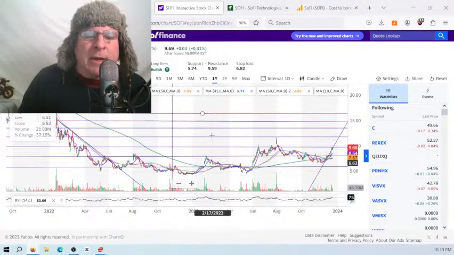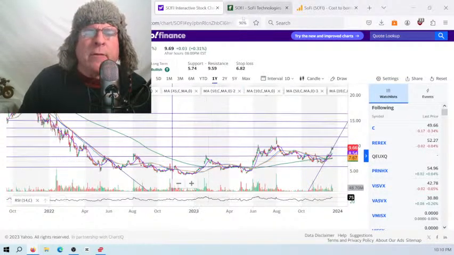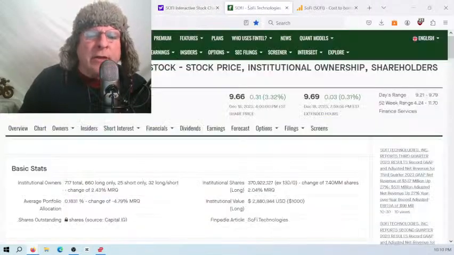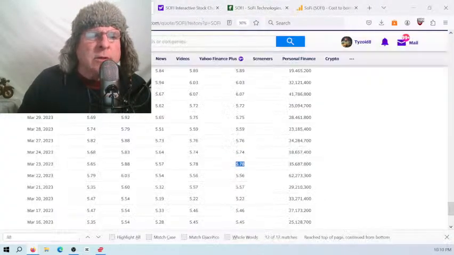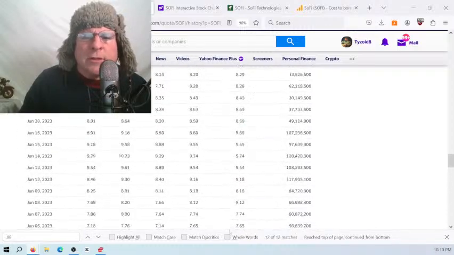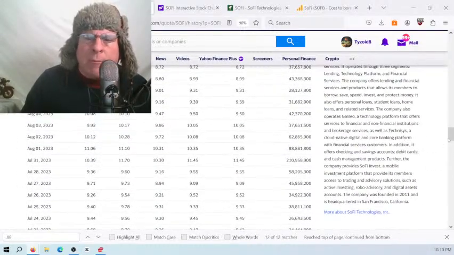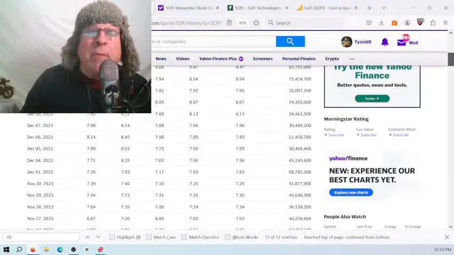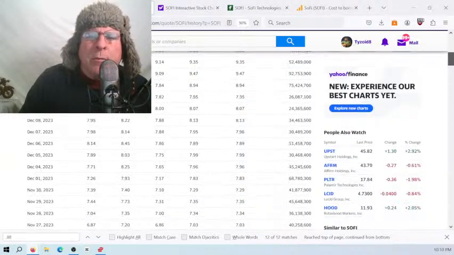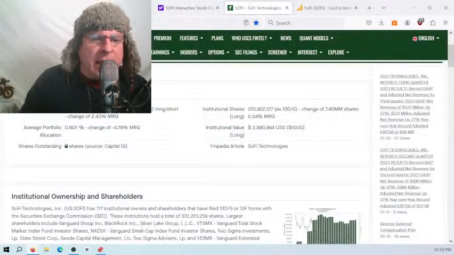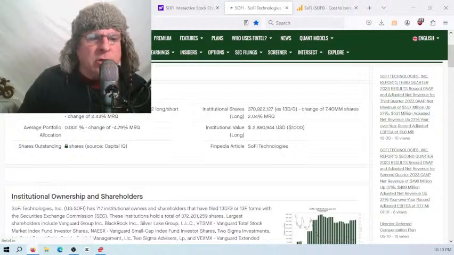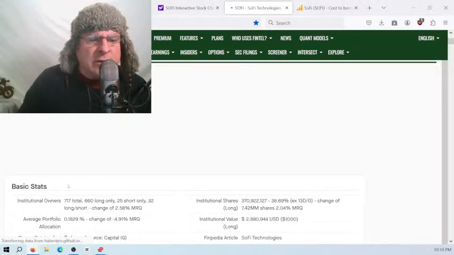Because when they start coming in, folks, we're not going to have institutional ownership at the level that it is right now. Institutional ownership is fixing to skyrocket. And right now, you can already see they're piling in as we speak. We had 3 new institutions today. One was a brand new institution that came in today and raised our institutional level to 717.